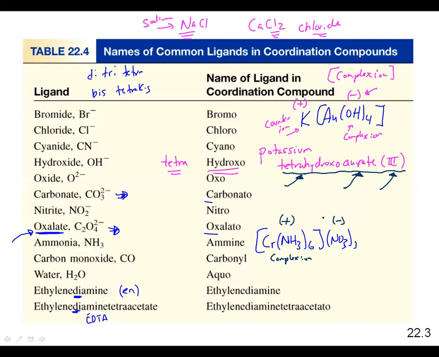Since the complex ion part here is positively charged, we can just use the regular name of the metal, which is chromium in this case. But we do want to start with the ligands. So here we have 6 ligands that are ammonia. The prefix for 6 is hexa, and ammonia becomes ammine. So we would start with that. So that is hexaammine.